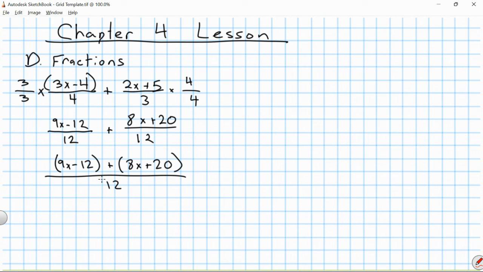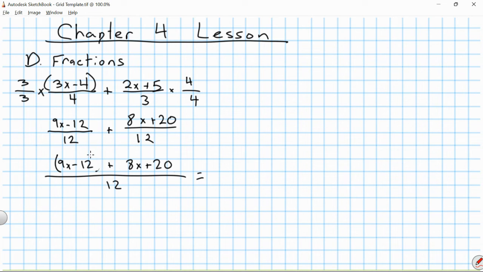over 12. So basically, just like we did with rational numbers, all you need to do now is combine like terms on the top, and whatever your answer is, that's what stays over 12. Now, because I have a plus sign here, plus sign is like saying positive 1 times, so I can actually just get rid of these parentheses.